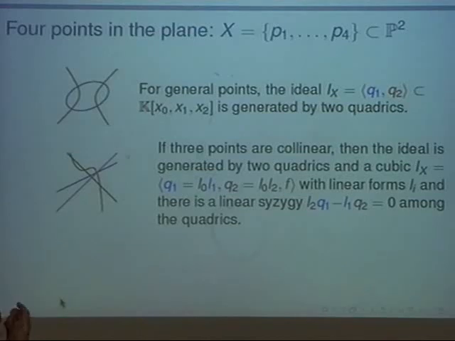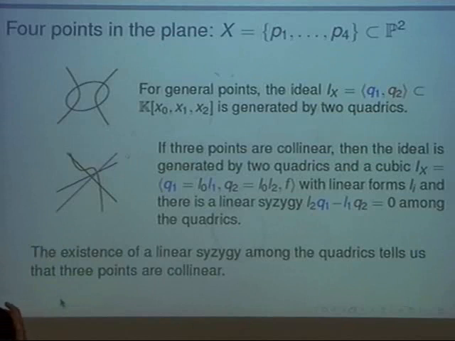The fact that we have a linear syzygy among these two quadrics tells us that they split off a common factor, and that tells us that three of the points lie on a line.